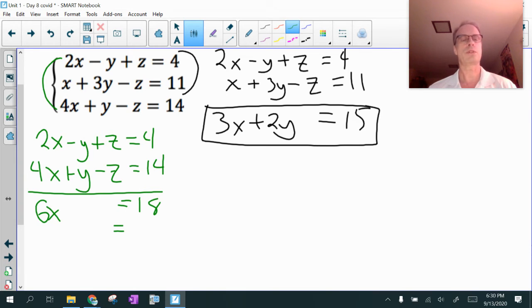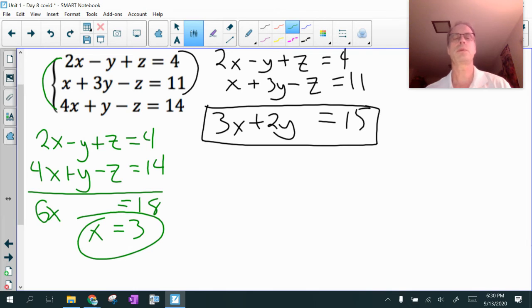So now we just divide both sides through by 3, and I get x equals 3. Okay, very nice. Let's move on. Next step is going to be, well, since we've already got our solution for one of the variables, next we're going to start plugging things in until we can find some answers.